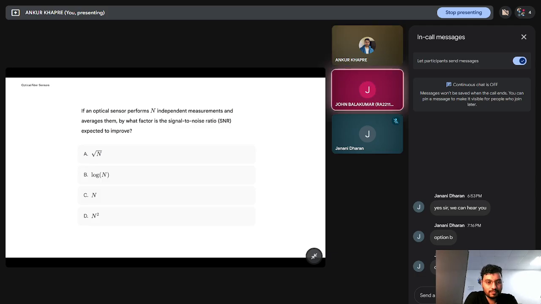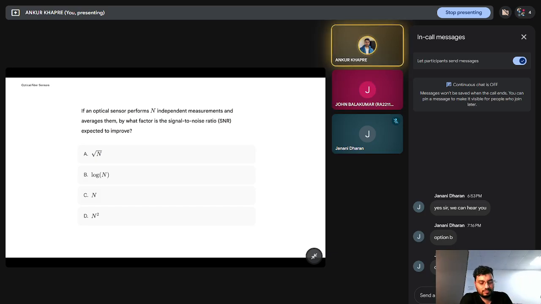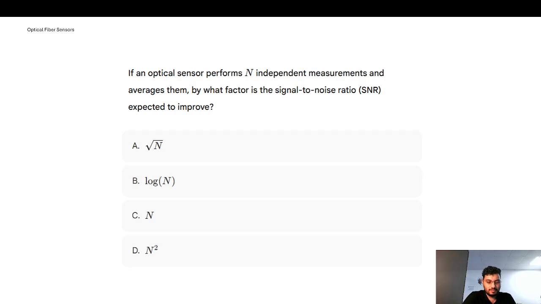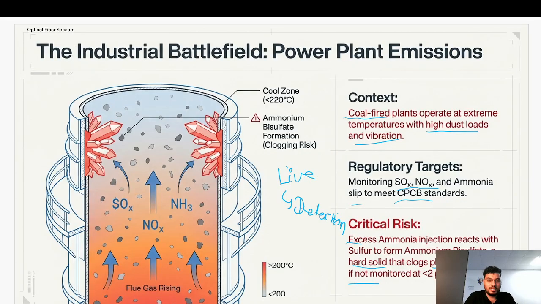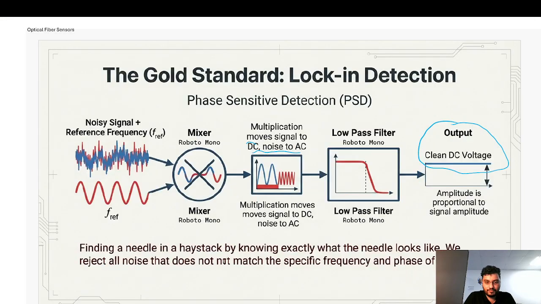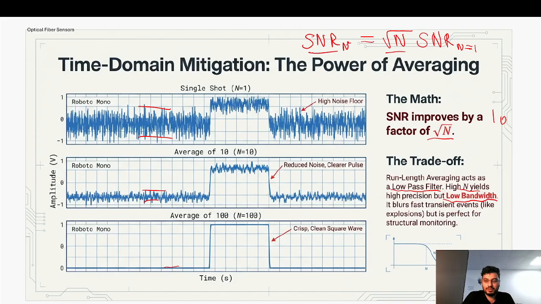B log N. No, no. I think your concepts, you need to recall it. We have discussed in the starting itself. Listen carefully. See, the SNR improves by the factor of square root n.